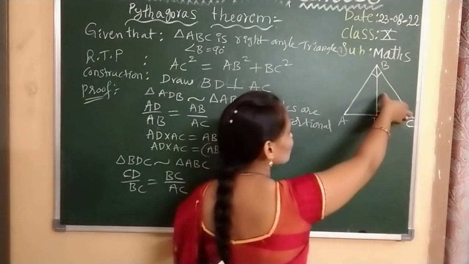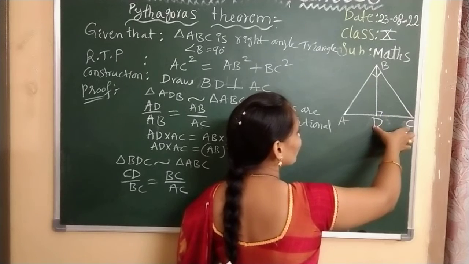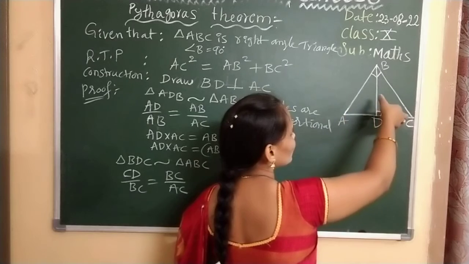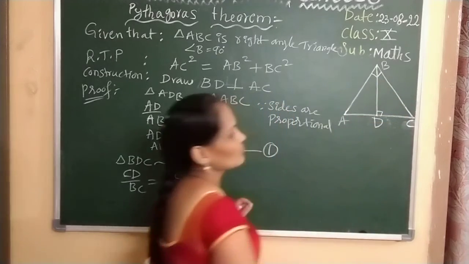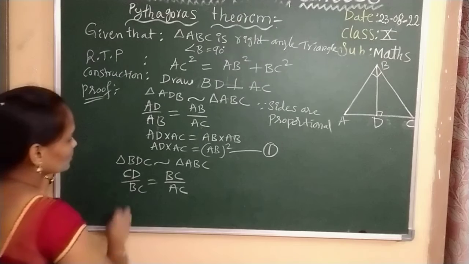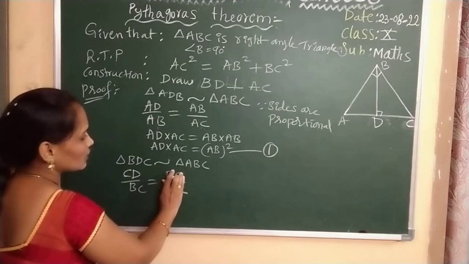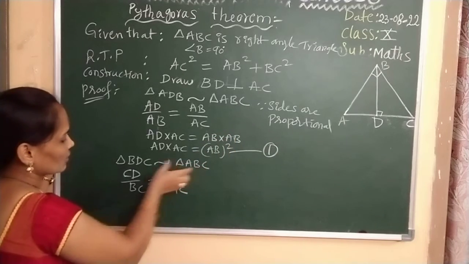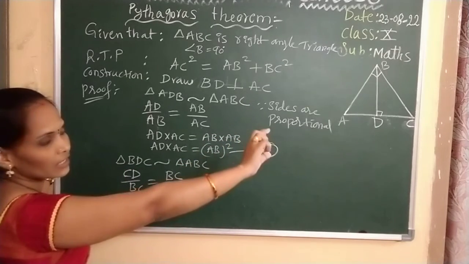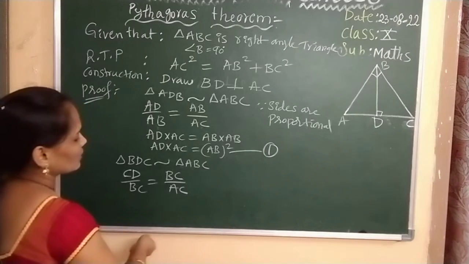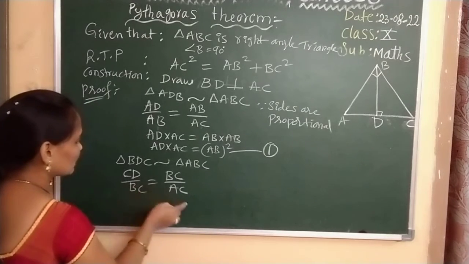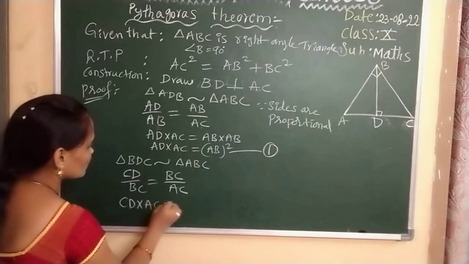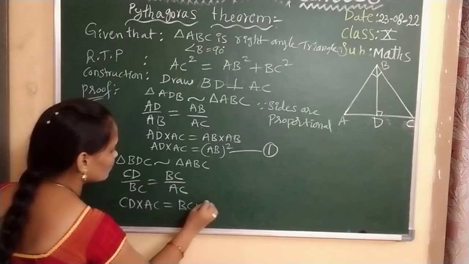For the small triangle, CD by BC is equal to, for the big triangle ABC, BC by AC, full length. BDC is the small triangle, the right side triangle. Now do cross multiplication here. CD into AC is equal to BC into BC.